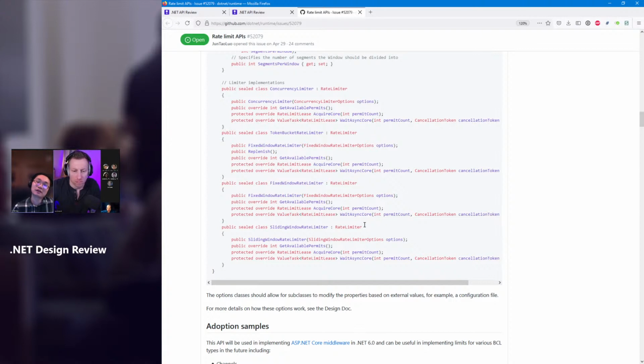Actually, it's just all down to logic in acquire and or release, right? So they're triggered by you needing to do something. Well, the only thing is when you're queued with wait async core, how do queued processes get triggered or processed?